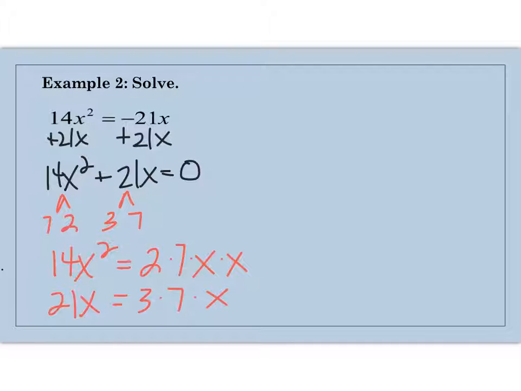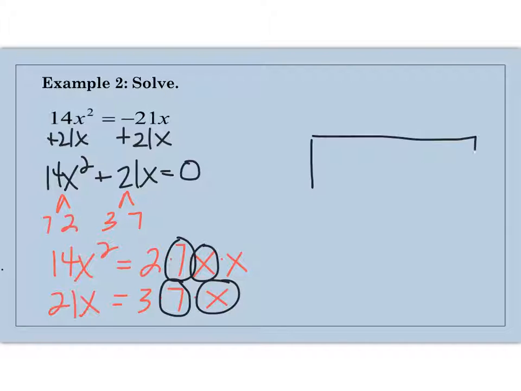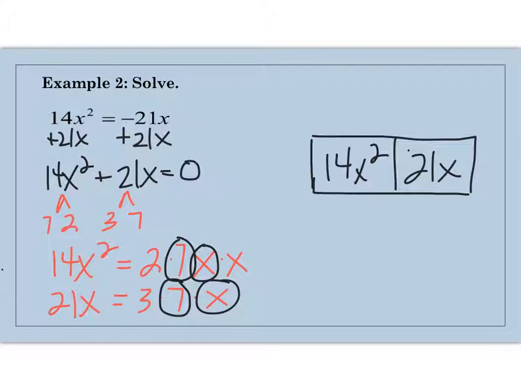Now let's look and see what they have in common. I see a 7 in both, and I see an x in both. Now I'm going to make that box, and it's going to be a 1 by 2 box because I have two terms. We just figured out the GCF is 7x, and that's going to go up front.